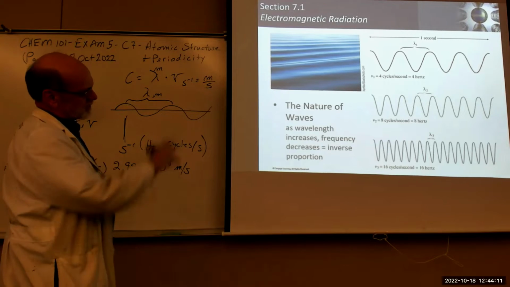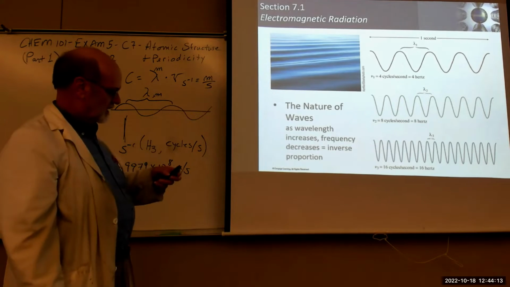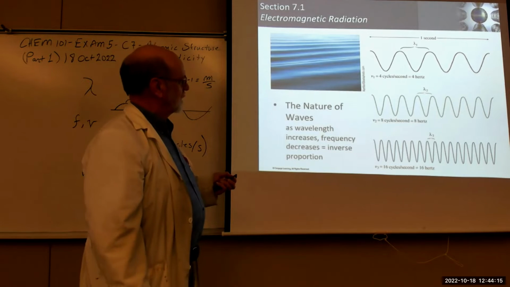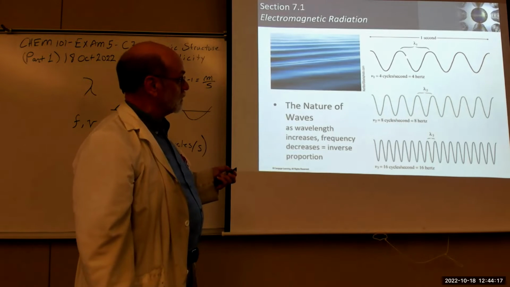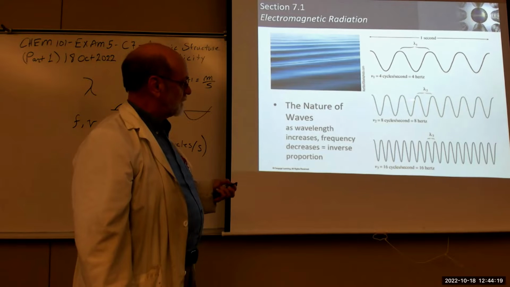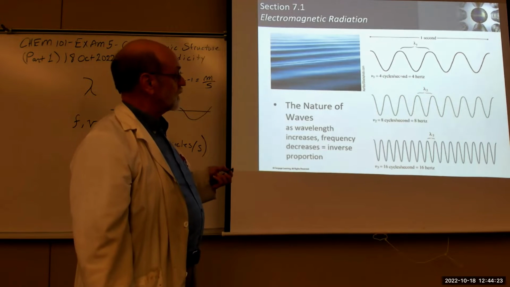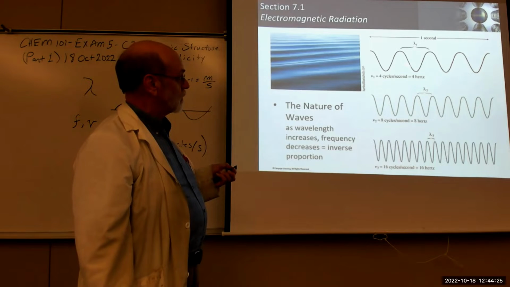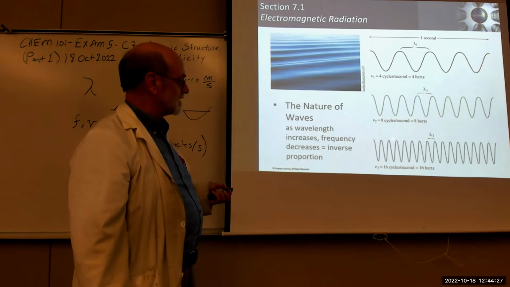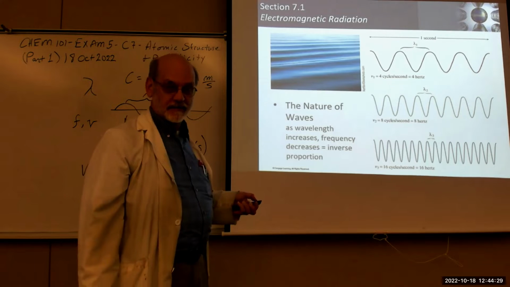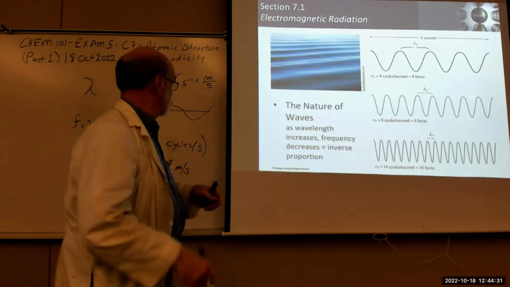All right, so this is an artist representation. This one has a longer wavelength than this one, and this one has a longer wavelength than that one. Notice that when the wavelength gets shorter, the frequency gets higher. Right? They're inversely proportional.